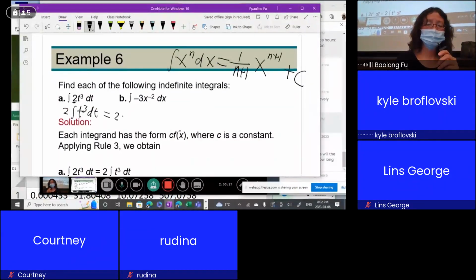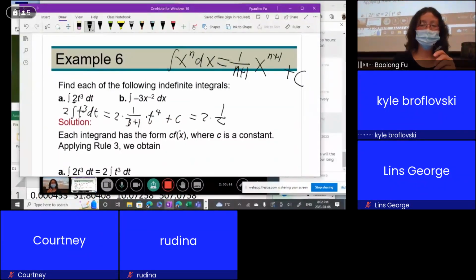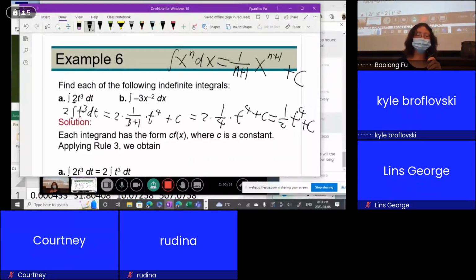So 3 plus 1, t raised to the power 4, plus C. So the final answer is 1/2 t^4 plus C. Questions?